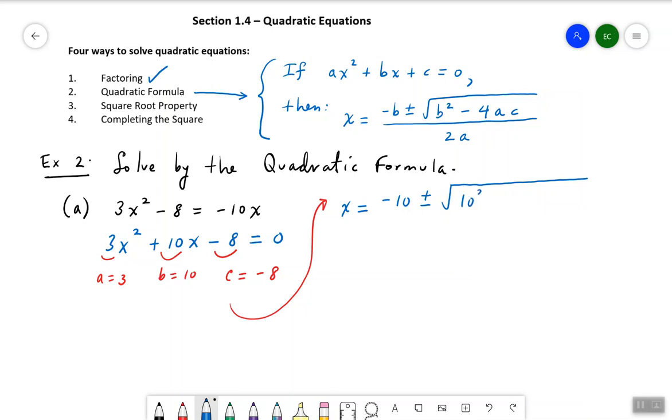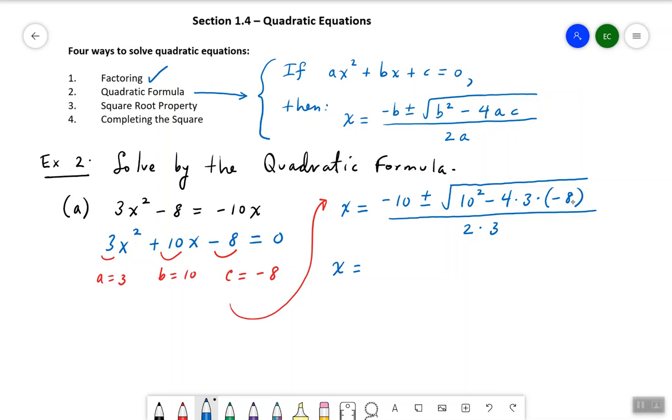B is 10. 10 squared minus 4 times a, which is 3, times c, which is negative 8, all over 2 times a, which is 3. I'll just take a moment and remind you that you need to memorize this formula for the exam, and this will be an important formula throughout the course.